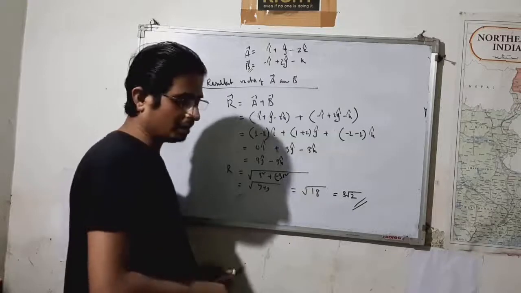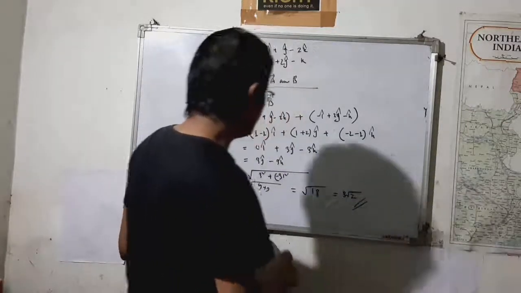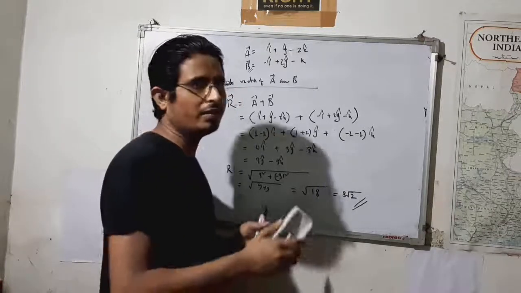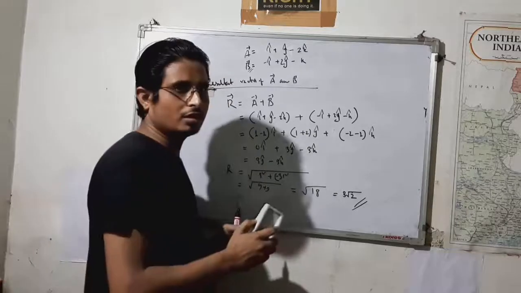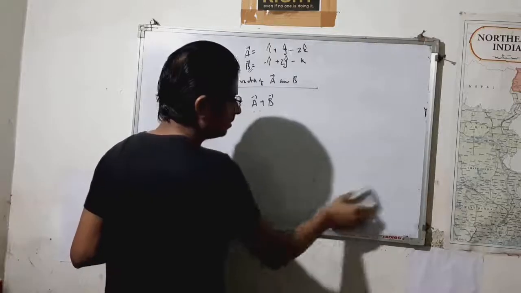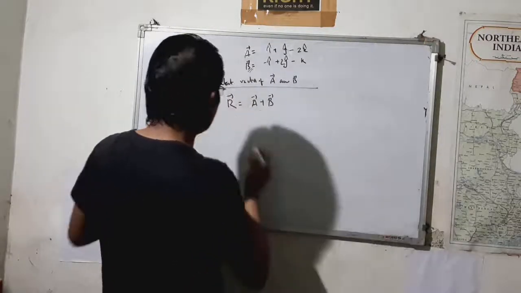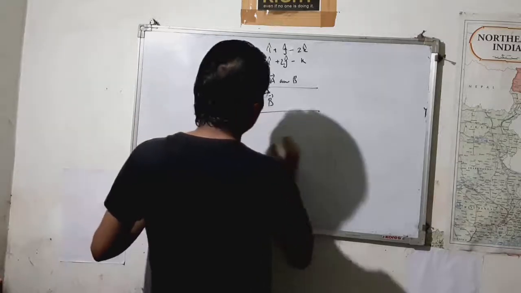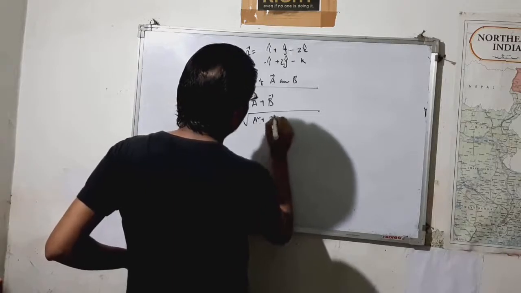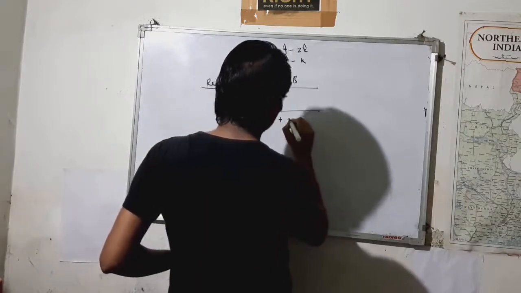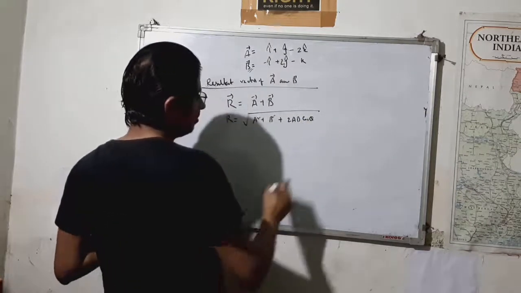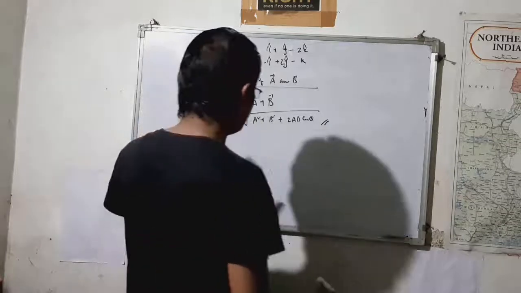Well, you can calculate this result by putting in the formula we have learned in this class. In this case, R is equal to square root of a square plus b square plus twice ab cos theta. So by this formula you can also calculate that result.